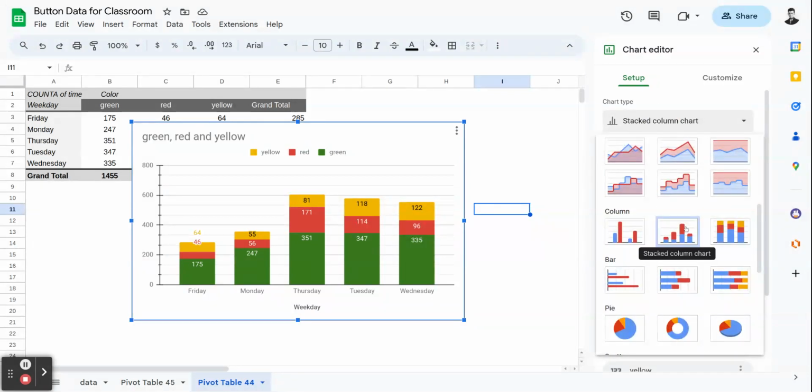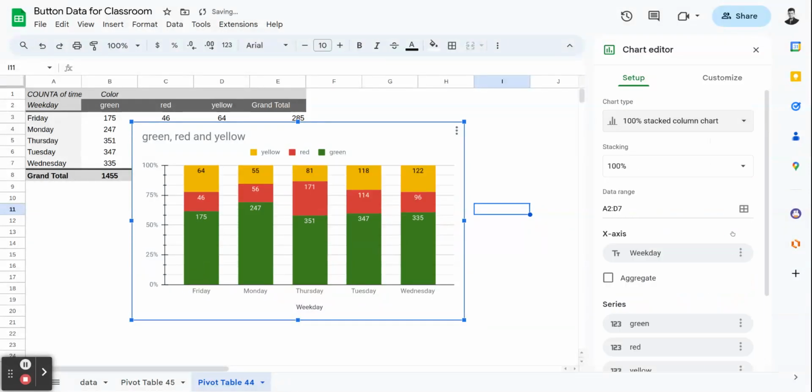So this is a stacked column chart that we're looking at now. This is a 100% stacked column chart. It's the same data, but what it says is, we know that there are fewer clicks on a Friday than on a Thursday, but given the clicks, what is the relative percentage of each, right?